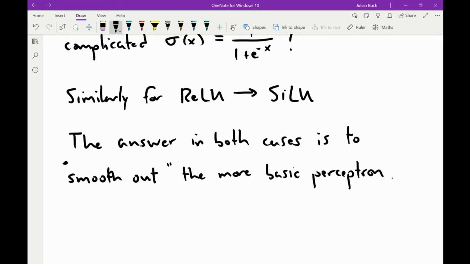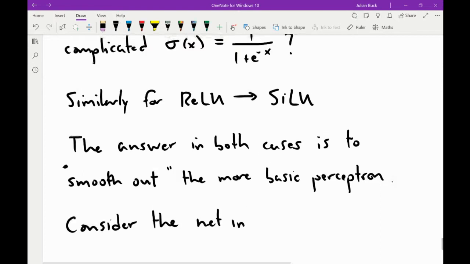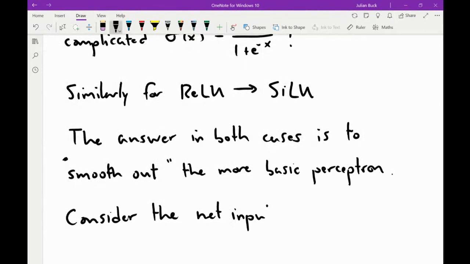Let's look at the mathematics of this a little bit. Consider the net input, which we've defined, using the same notation we've used before: W dot X, our vector of weights and our vector of inputs, plus B, the bias or threshold.